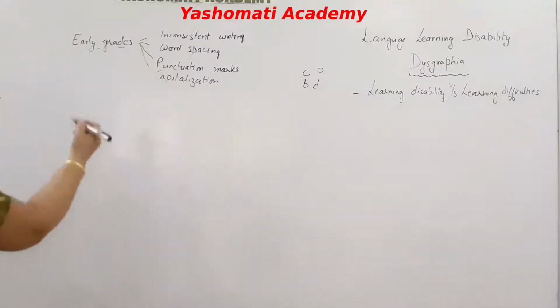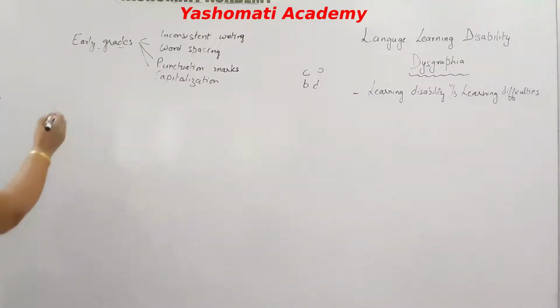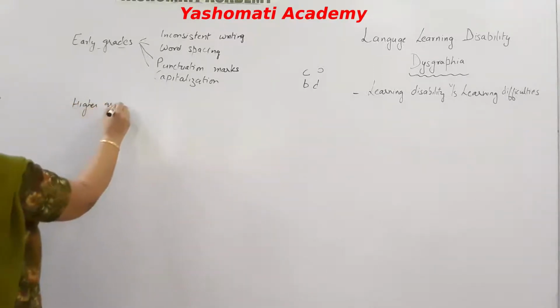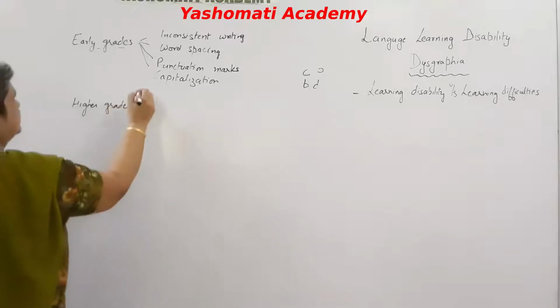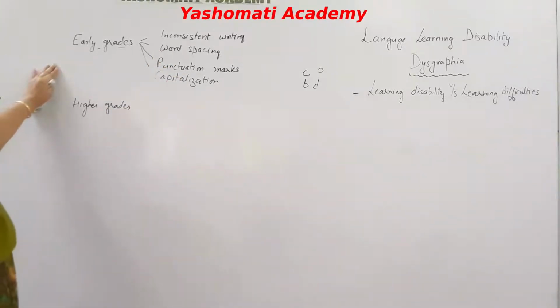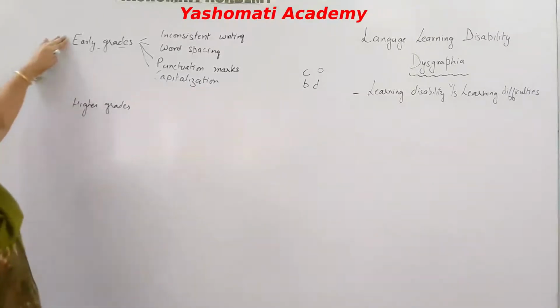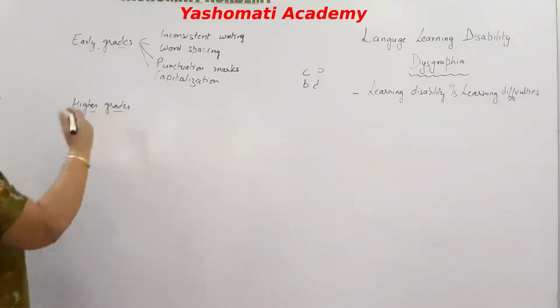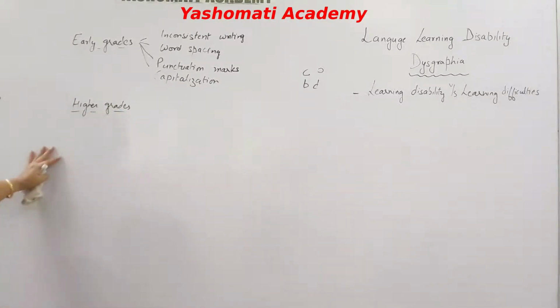But as the student goes to high grades, then what happens? Maybe because of certain practice, some of the characteristics of inconsistent writing will go away. But as the student progresses from early grades to higher grades, the content which is supposed to be written becomes more.